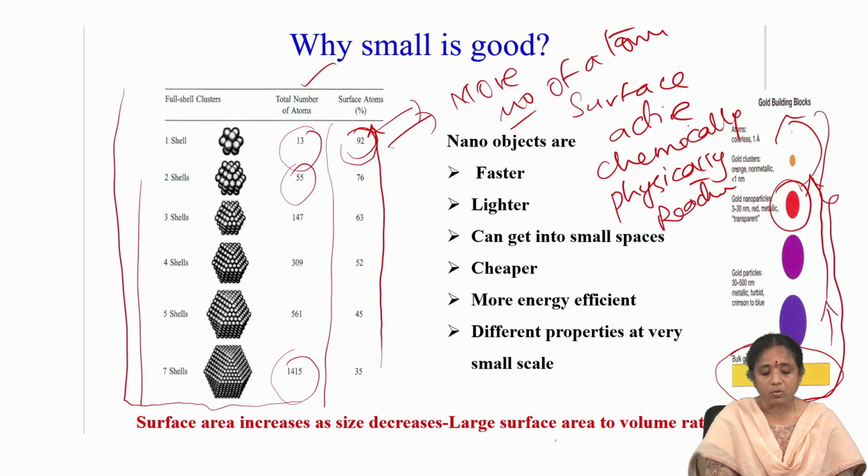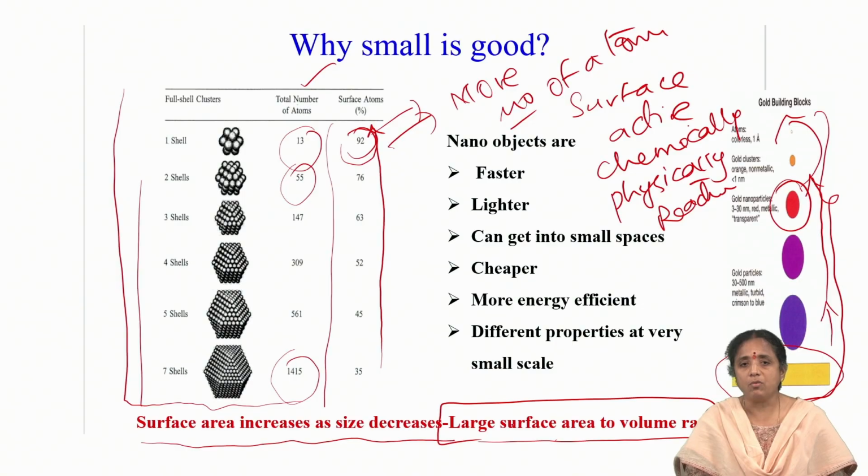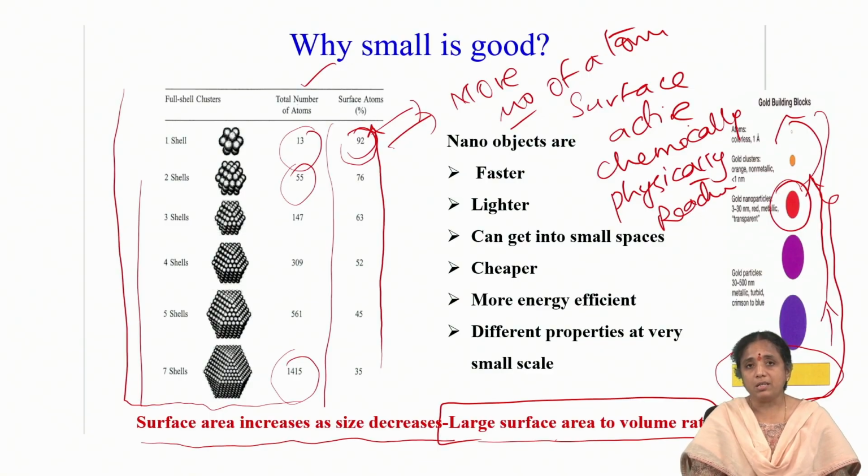So the foremost important property of nanomaterial is that surface area increases as size decreases, which is termed a large surface area to volume ratio. The first property of the nanomaterial is large surface area to volume ratio, because as more atoms appear on the surface, it becomes physically and chemically more reactive.